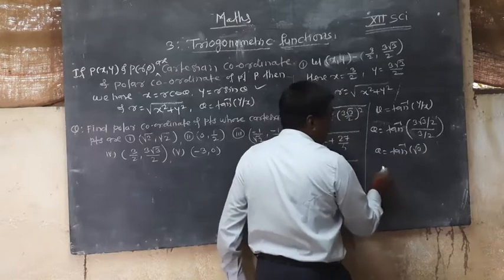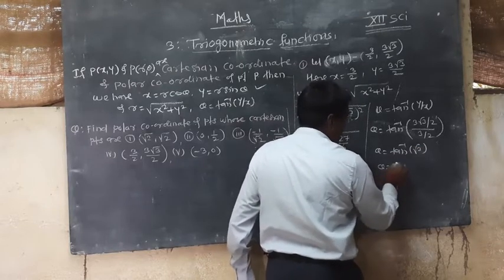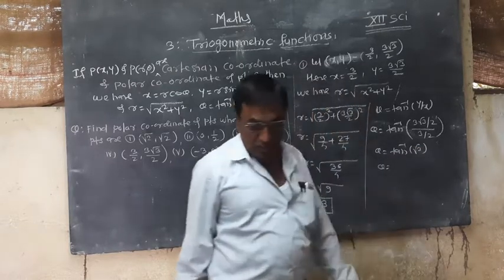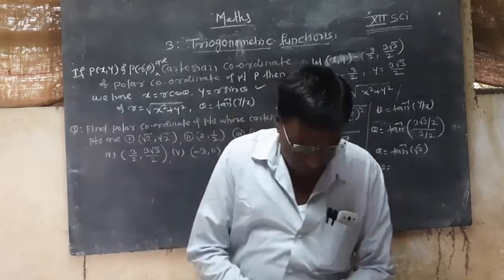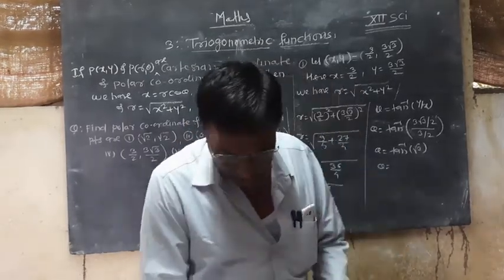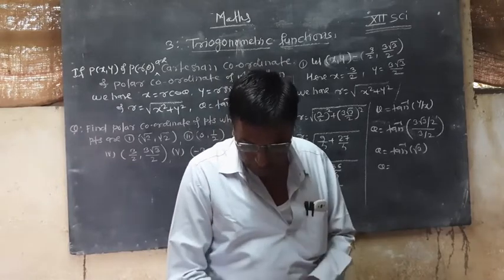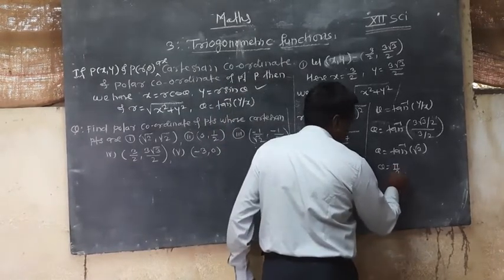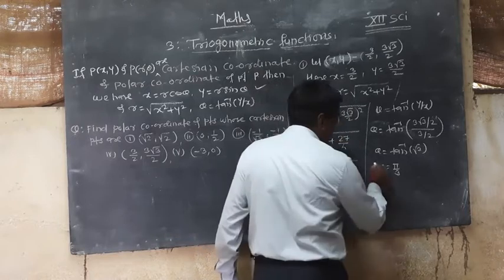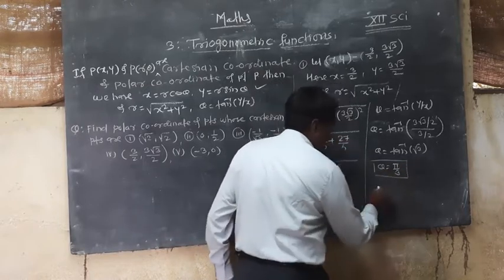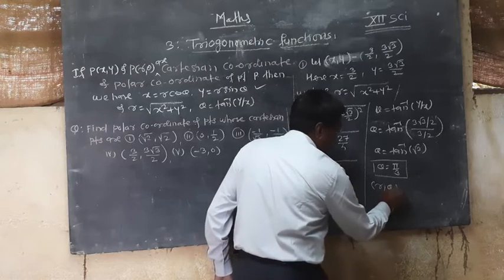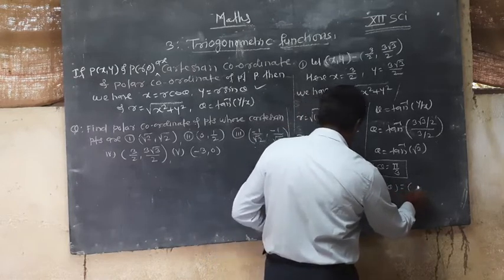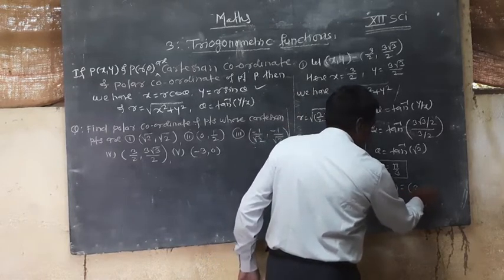Tan inverse of root 3 is at which angle? Root 3 is the value of tan at pi by 3, and pi by 3 means 60 degrees. Therefore theta is equal to pi by 3 radians, and so the required polar coordinates are r comma theta is equal to 3 comma pi by 3. This is the required answer.